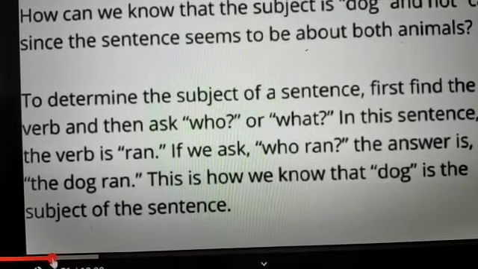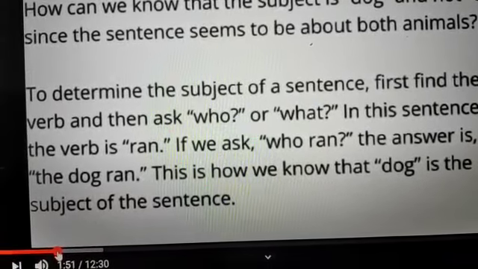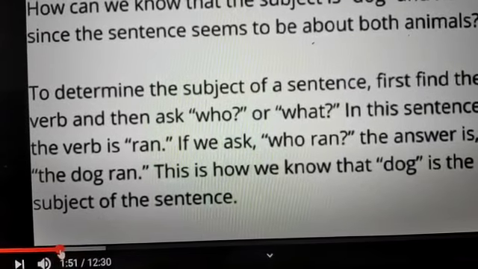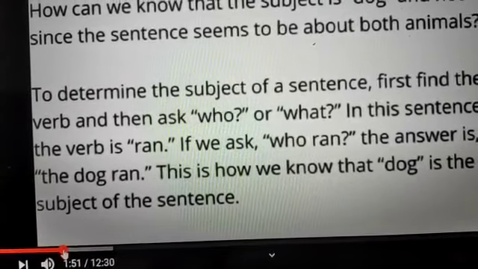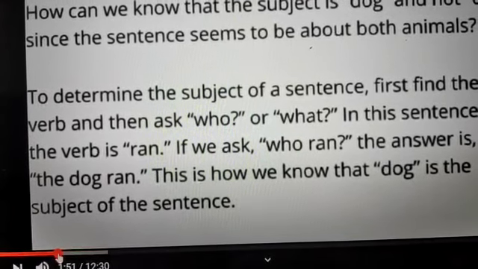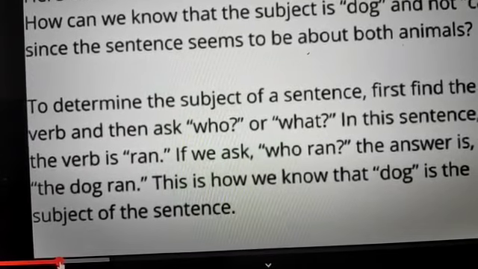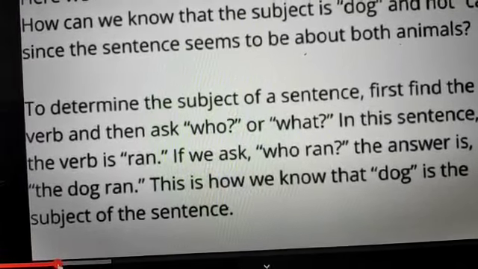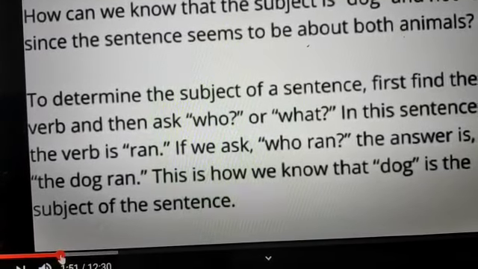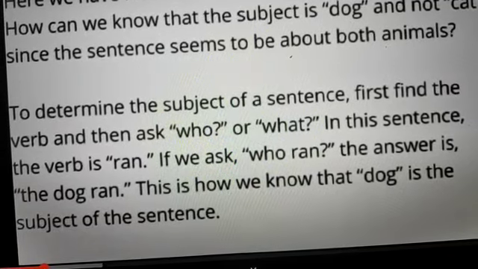In this sentence, the verb is ran. If we ask who ran, the answer simply comes: the dog ran. This is how we know that the dog is the subject, or the doer, of the sentence.